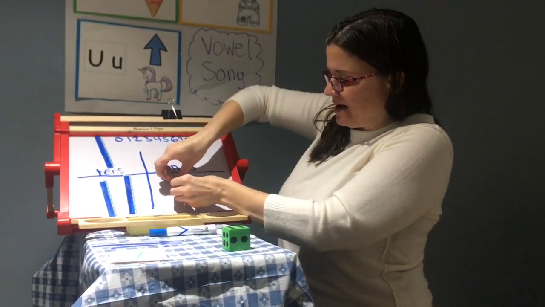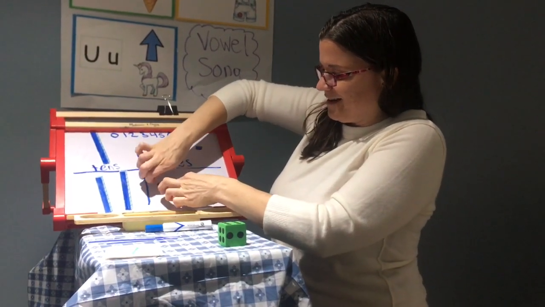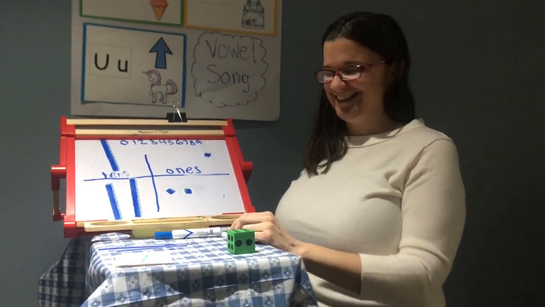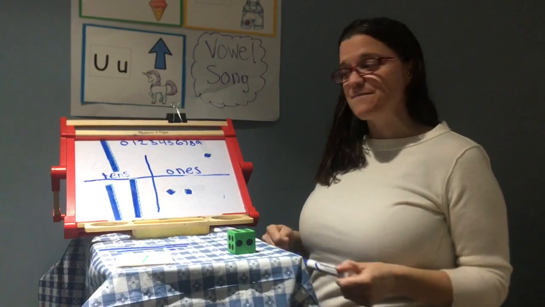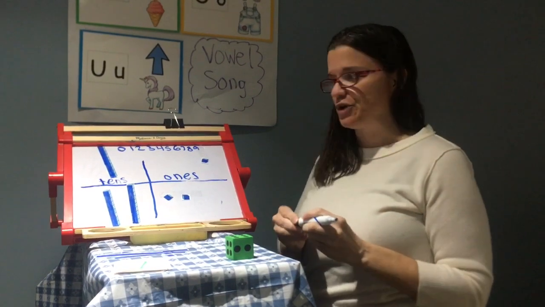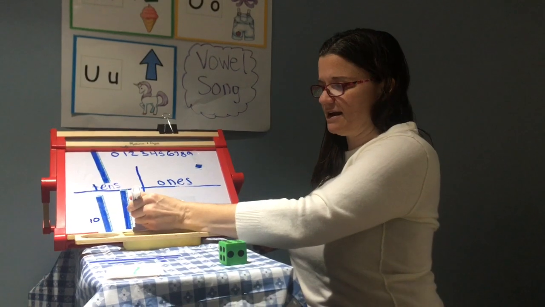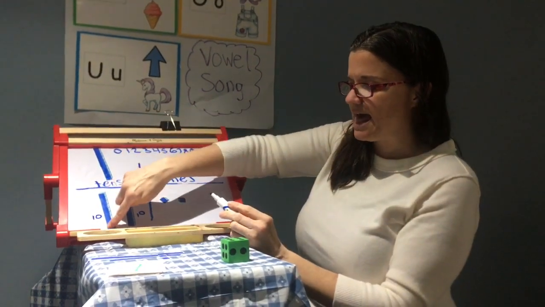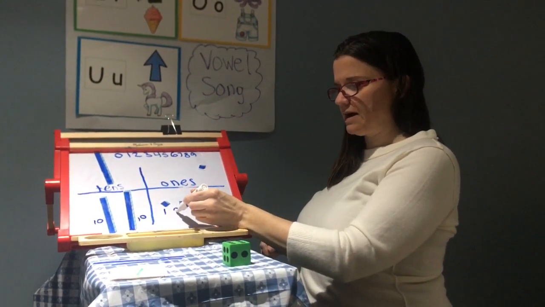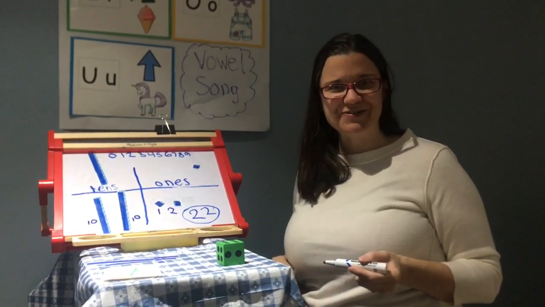I have a nice big piece of tape here. Let me see if I can fit both of them. Voila. Perfect. Did Miss Seward ever claim to be perfect? I'm only human. So now I have my numbers for my tens place and my ones place by rolling the number cube. Let's see what I have here. I have 2 groups of 10. So I can count on: 10, 20, 21, 22. So my big number for that was 22.